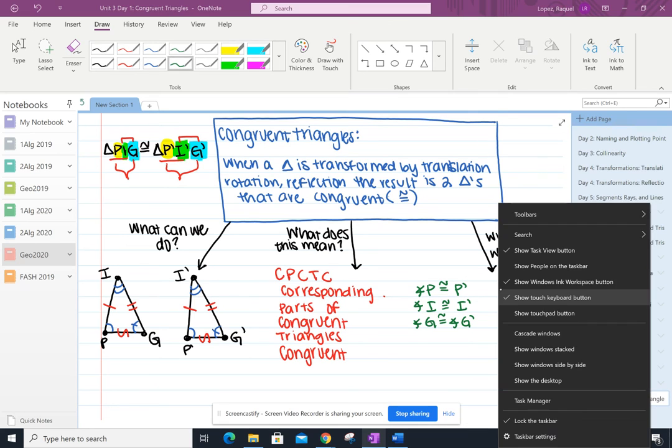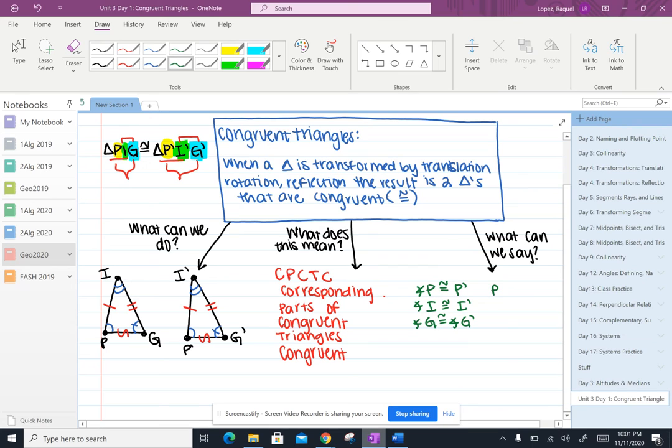So we can say segment PI is congruent to segment P prime I prime. We can say segment IG is congruent to segment I prime G prime. And we can say segment PG is congruent to segment P prime G prime. So we can get those 6 congruency statements.